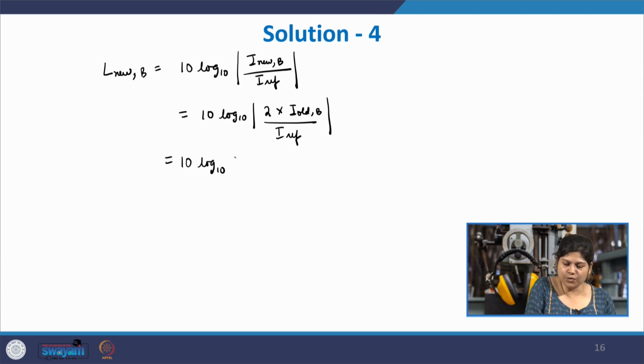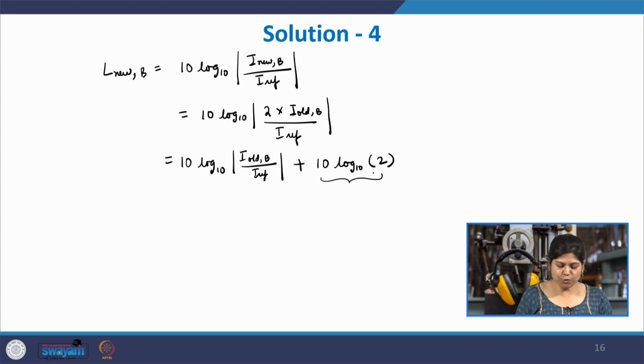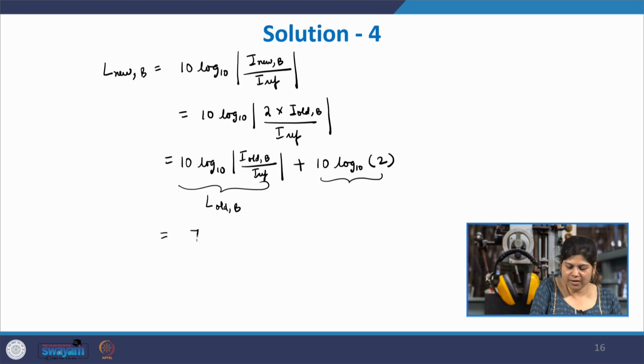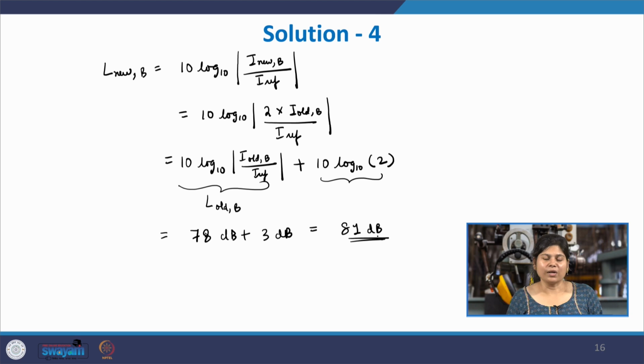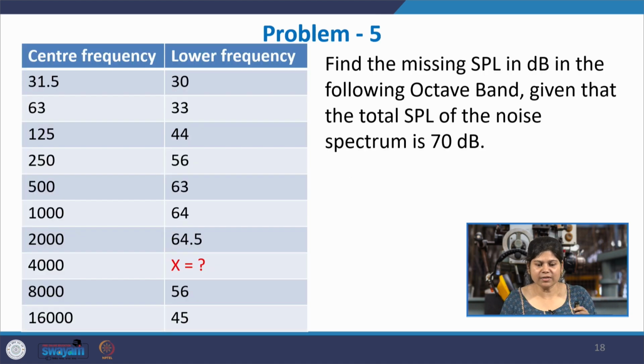So, again using the property of the log to separate the two terms, this again comes out to be 3 decibels, and this by definition becomes your L old at B. We have already found in the last case that it was 78 decibels for building B. So, 78 decibels plus 3 decibels, we get 81 decibels as the new sound level at building B, and this solves our problem 4.